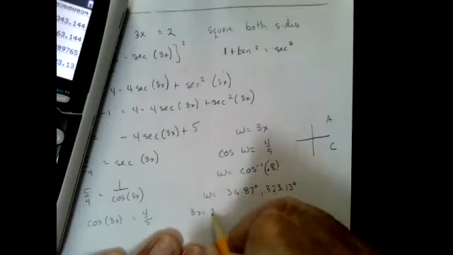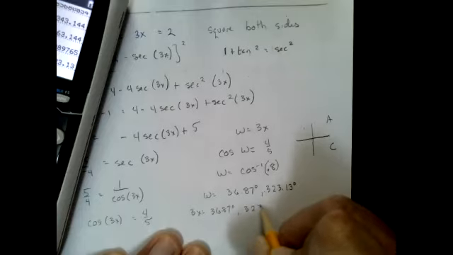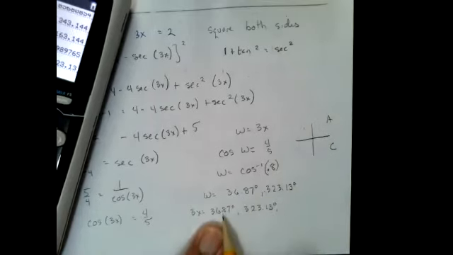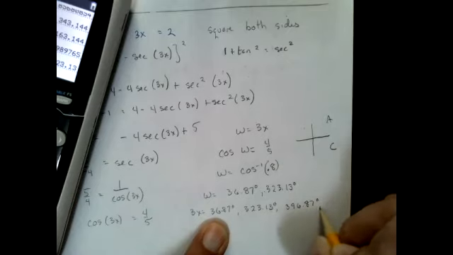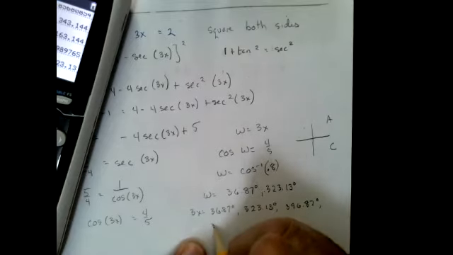Oh boy. So now I'm going to have 3x in place of the W. I'm going to have 36.87. I'm going to have 323.13. I'm going to add 360 to this: 396.87. Oh my. I'm going to add 360 to this: 683.13.